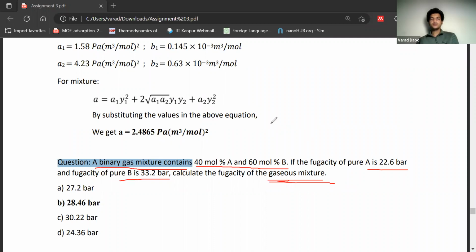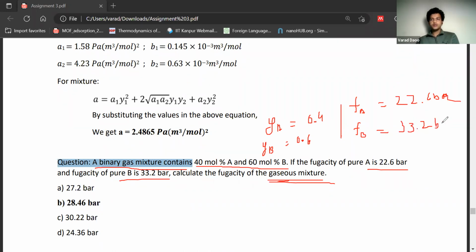So we are given Ya as 0.4 and Yb as 0.6, the fugacity of pure A as 22.6 bar, the fugacity of pure B as 33.2 bar, and we are asked to find the fugacity of the mixture AB.